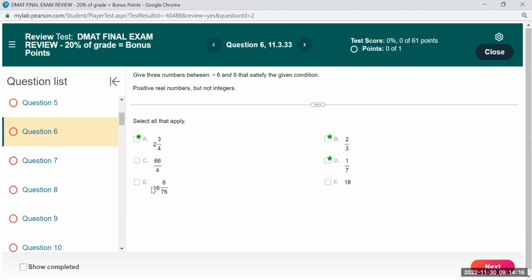You have three numbers between -6 and 9 that satisfy this condition. Positive real numbers, but not integers.